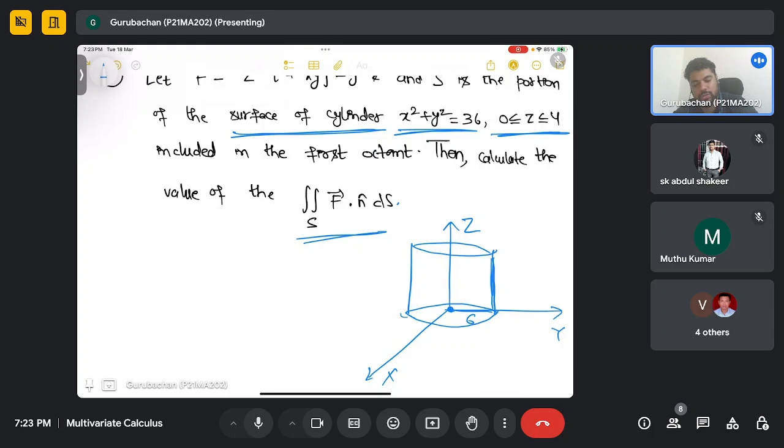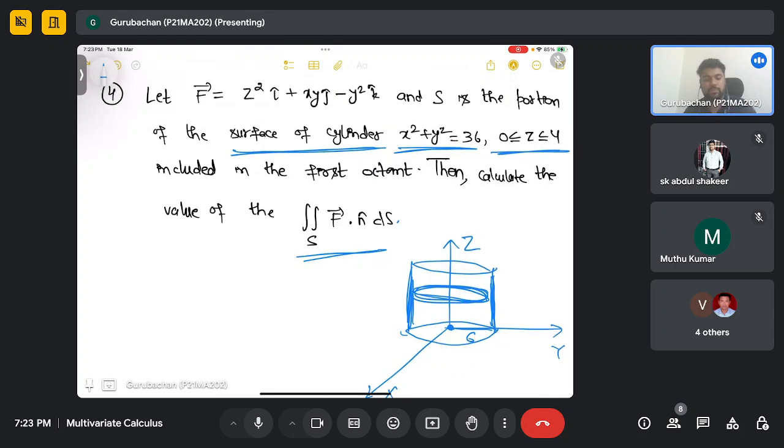I'm talking about this curved one only. I'm not considering any other two surfaces. This might not be difficult for you.